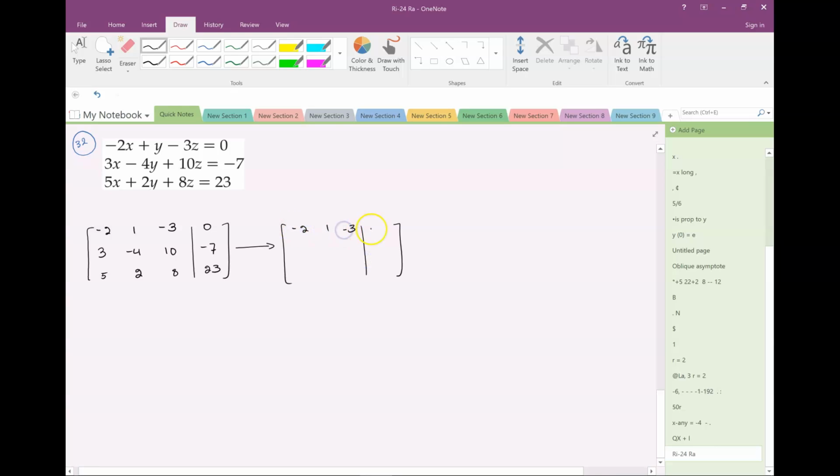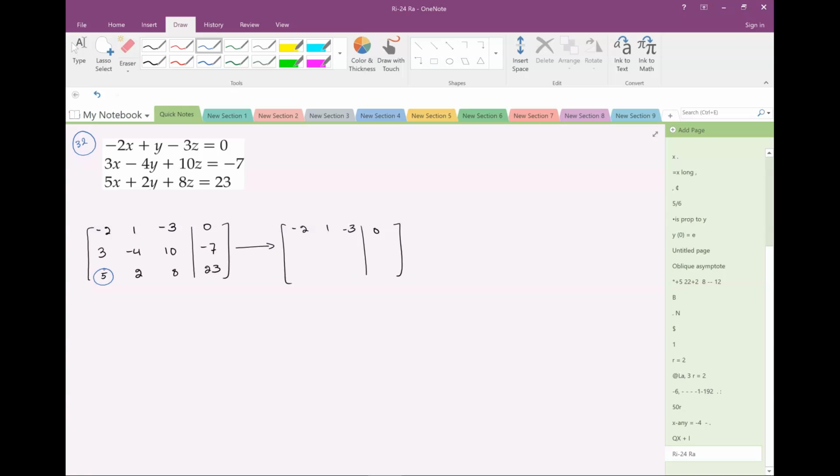So first I'm going to change this one. All right, what do you guys think? What should we do? There are a few options. Row 3 plus... So that would not make it 0 because it's 3 and 5.